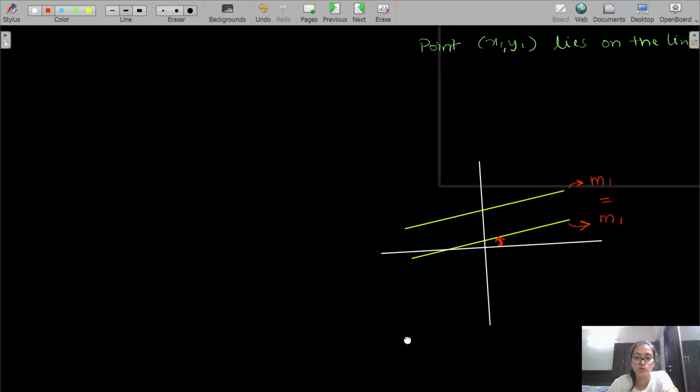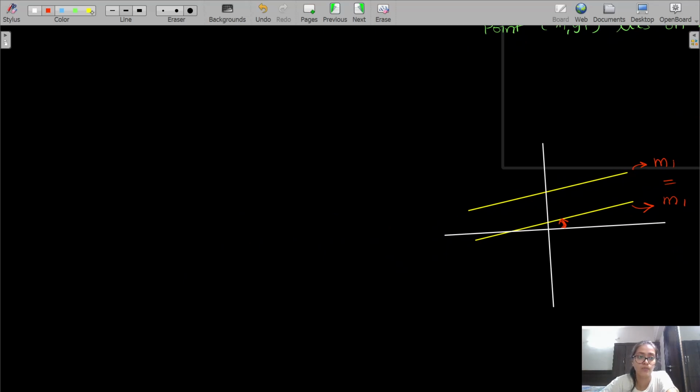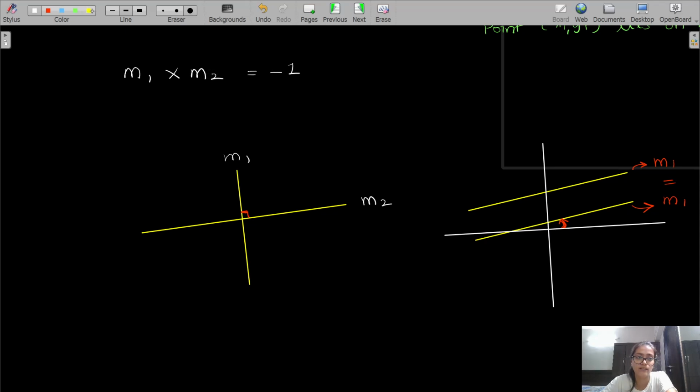Now let's talk about two perpendicular lines. If you have two perpendicular lines, this is a right angle. And if this line has a slope m1 and this line has the slope m2, then there is a very special relationship between the slopes of these two lines. Then m1 times m2 is equal to -1.